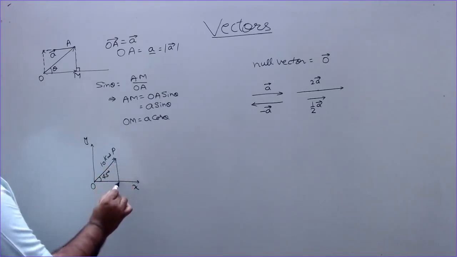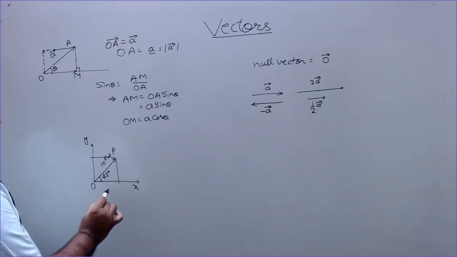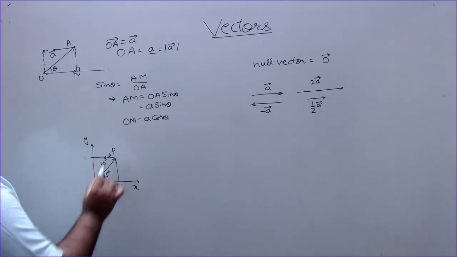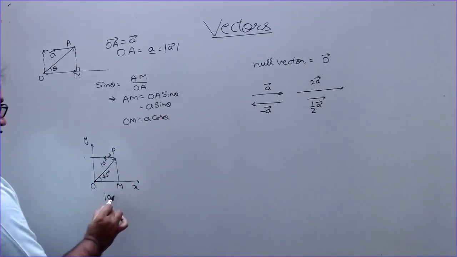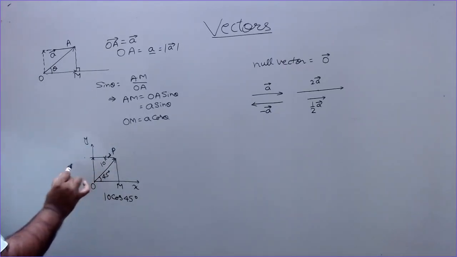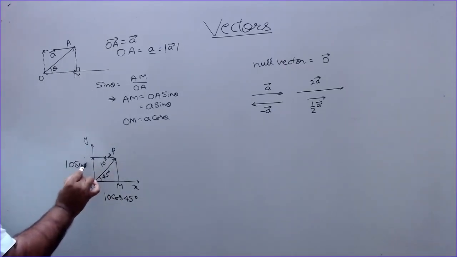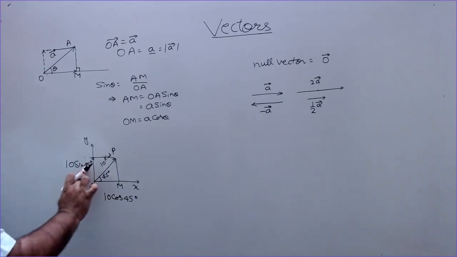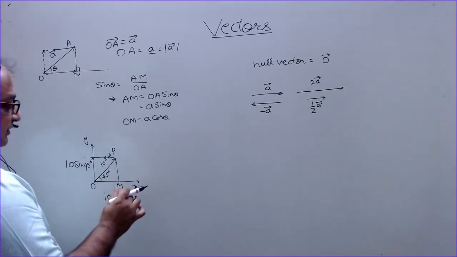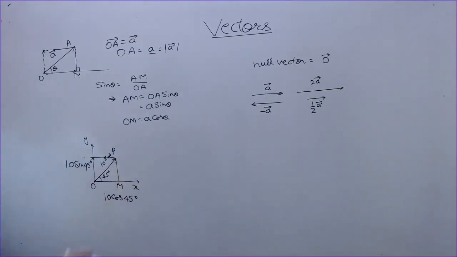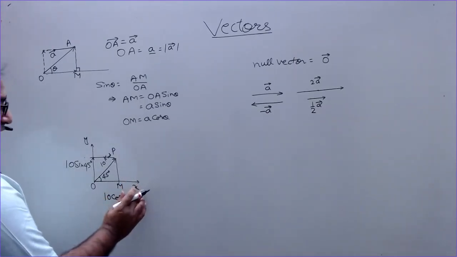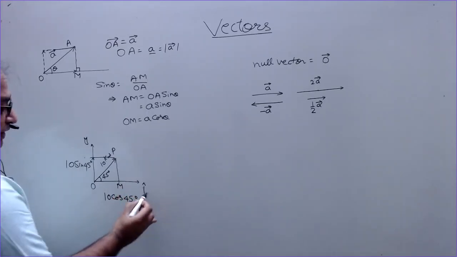If you take the components, you can take sine and cos components. This component will be, as I have discussed here, 10 cos 45. And this component in the y direction is 10 sine 45 degrees. So to represent a vector like this, we take a unit vector in the direction of x, because this is not in the form of a vector. To convert it into a vector in the direction of x, we multiply this by a unit vector i.